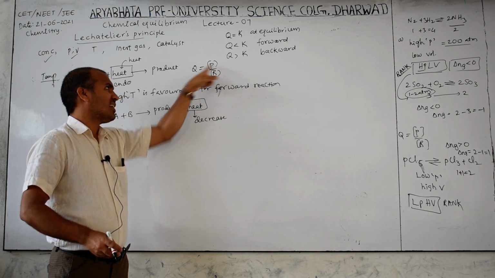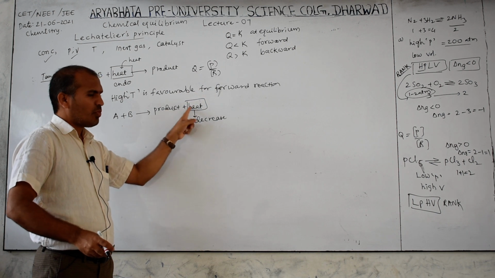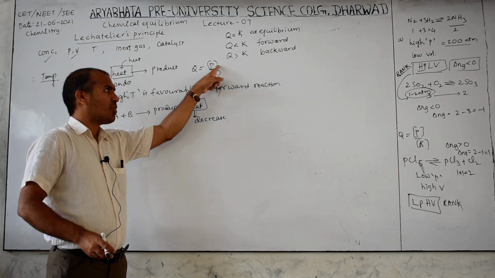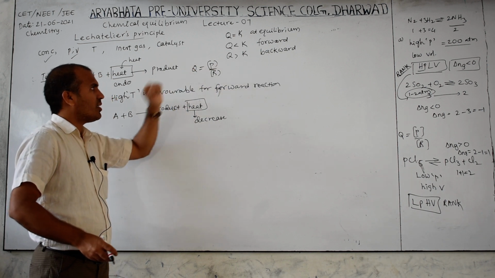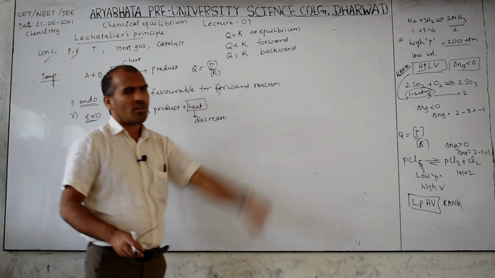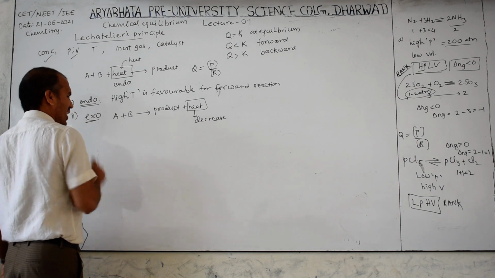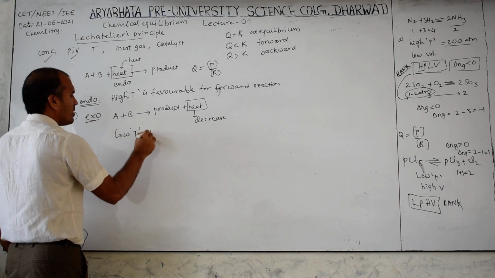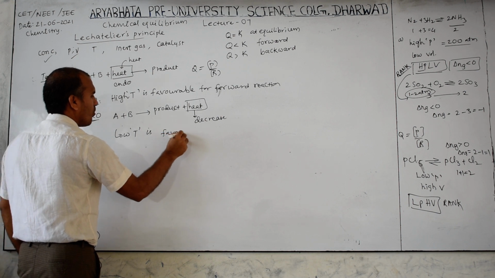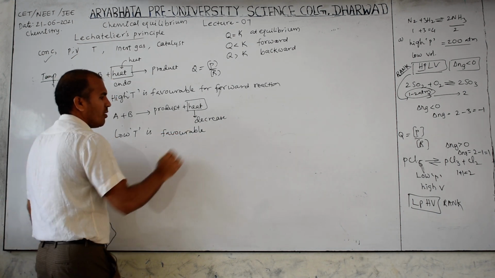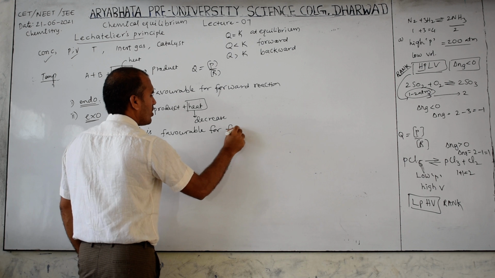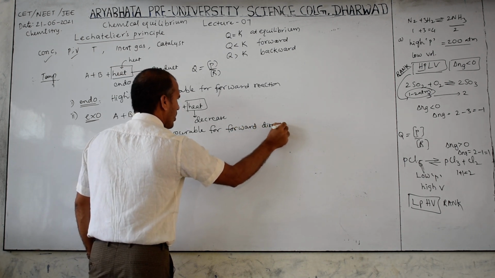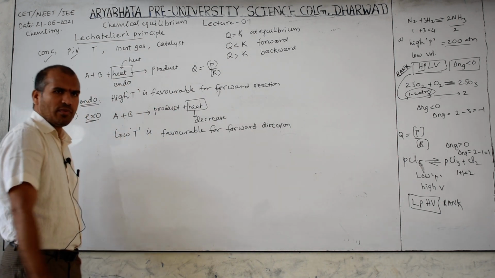When heat is decreased, the numerator also decreases, and Q also decreases. Q decrease means what? Forward direction. Therefore, for an exothermic reaction, low temperature is favorable for the forward direction or reaction.